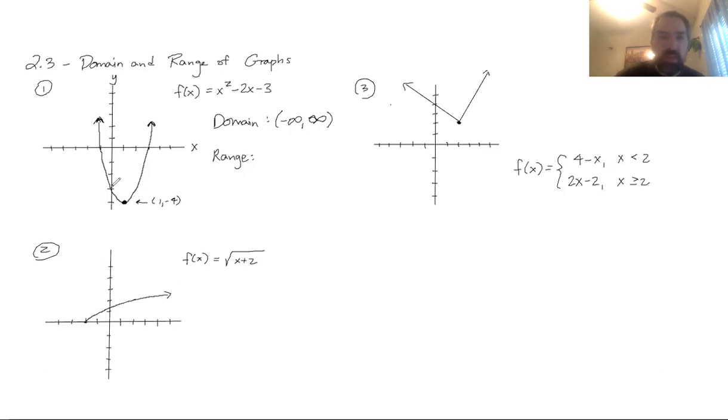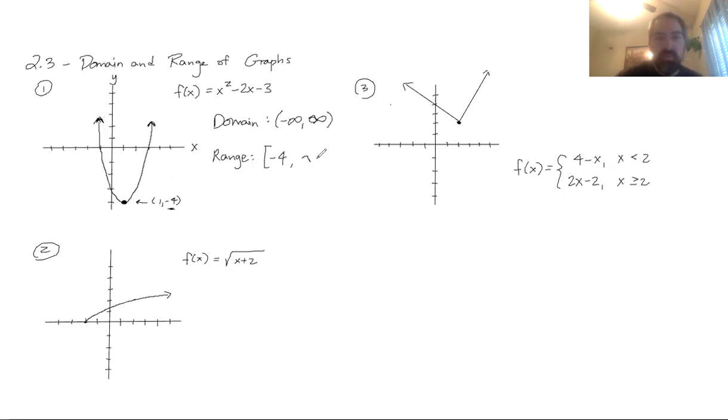We're going to spend more time on quadratic functions in the next section. And so the smallest y value is -4, right? And we can include -4, so we're using a bracket because we're including the -4. And then what's the largest y value? Well, these arrows again mean that it keeps going up.